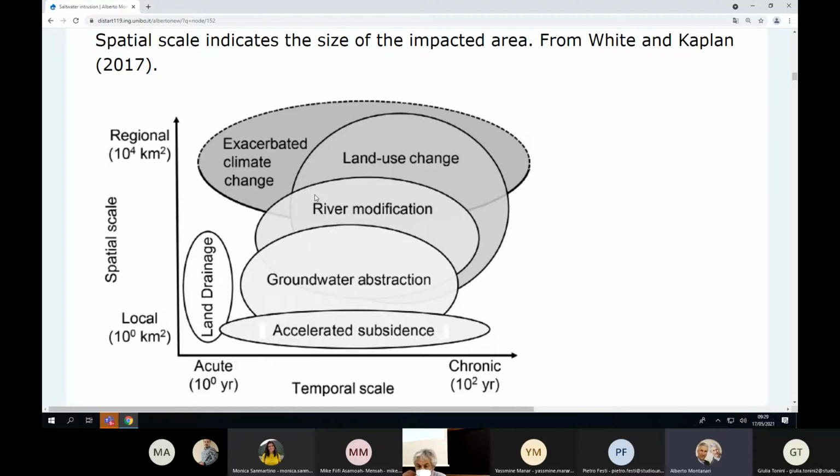Uncertainties that are related to the description of the groundwater media, the description of the soil, and the description of the forcing, because saltwater intrusion is also dominated by random forcing, which comes from the sea.